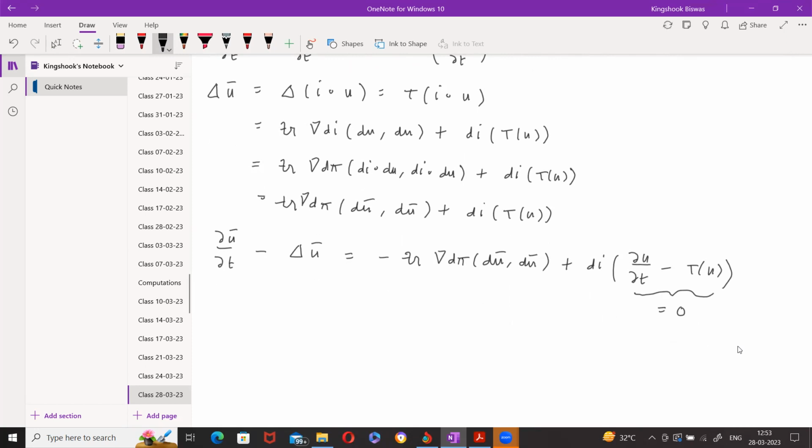So finally, what do we get? This thing here is a bilinear form, right? This nabla d pi of du bar, and then I'm taking its trace.